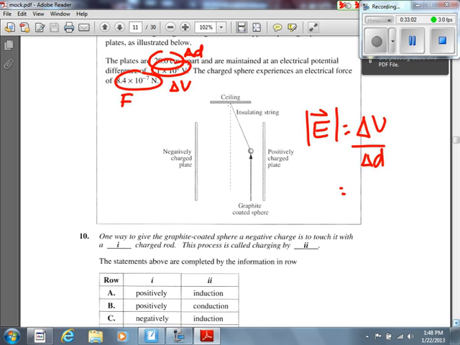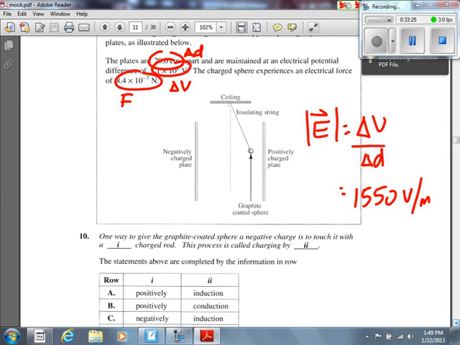When I do the math here, E ends up being 1550, and that would be either volts per meter or newtons per coulomb, either one. All right, that's not what I'm looking for, but it does provide me with more information now. So what do you suggest that I do now?